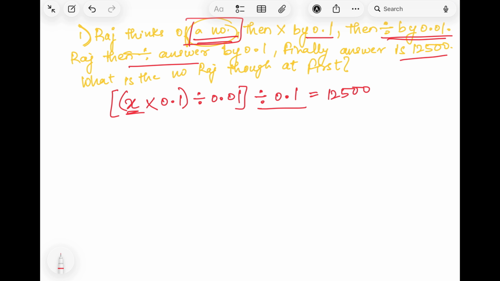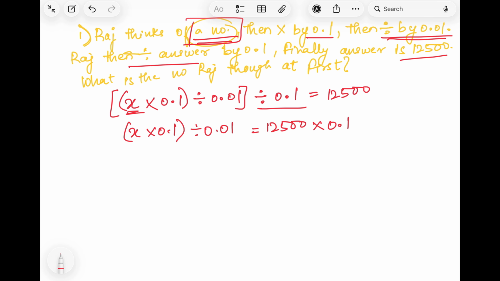So here it's divide by 0.1. This divide by 0.1 will go to the other side in multiplication. So x into 0.1 divide by 0.01 is equal to 12,500 into 0.1. When you do into 0.1, that means you are actually dividing by 10, right?